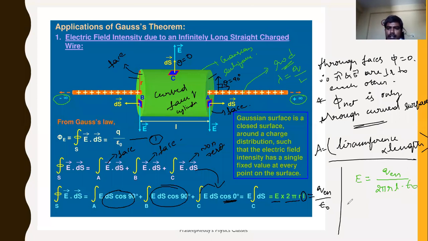Simply, this can be written as 1 divided by 2 pi epsilon naught into Q enclosed divided by r L, where r is the radius of that curved surface and L is the total length of that curved surface. This is the electric field due to a rod which extends up to infinity. See, within 2 steps we have got the total electric field using Gauss law.